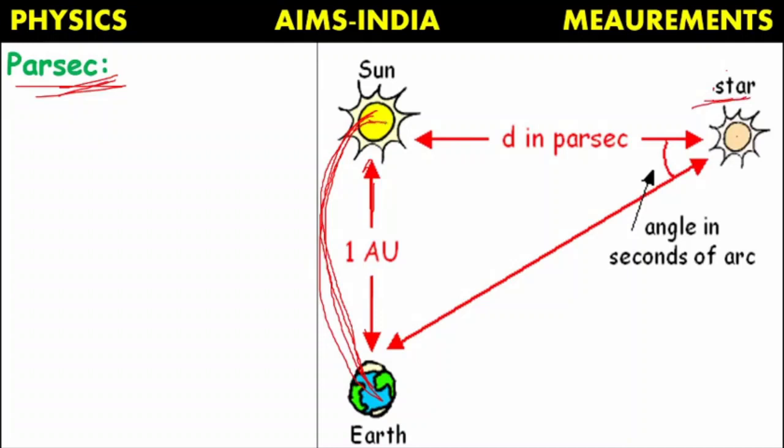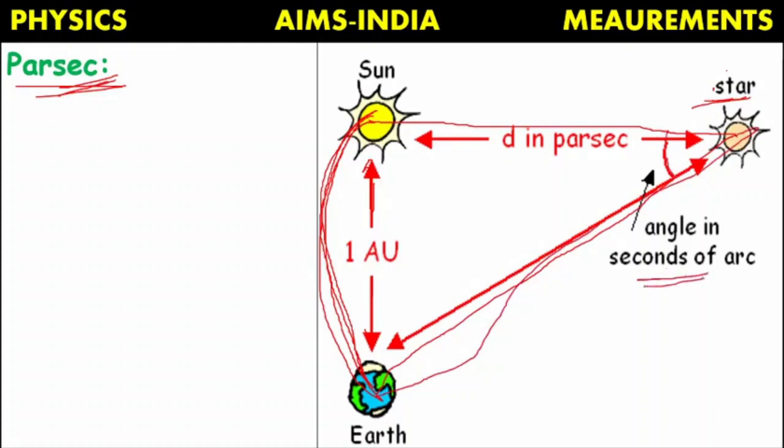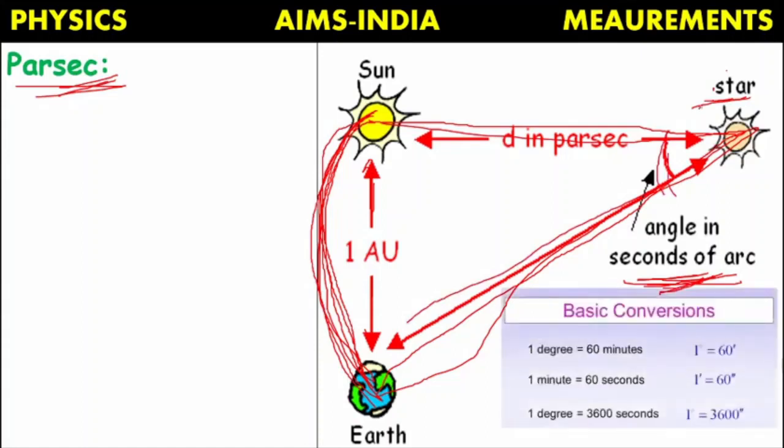This arc subtends an angle at the distant star. If the arc of length 1 astronomical unit subtends an angle of 1 arc second at a distant star, then this distance from Sun to star is considered as parsec.